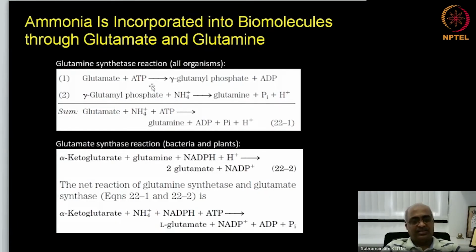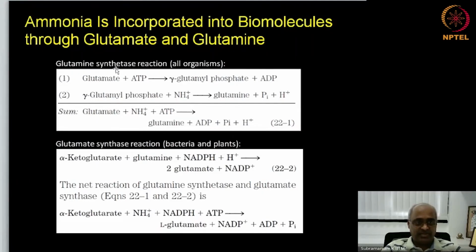So here the phosphoryl transfer, the ATP's terminal phosphate is transferred to glutamate, forming gamma glutamyl phosphate. So this is now a high energy molecule, and this one combines with ammonia to form glutamine. So this is the route by which nitrogen enters into our system.